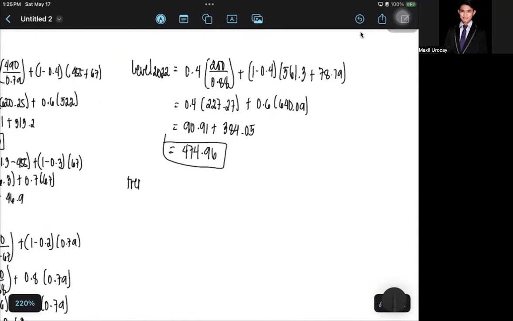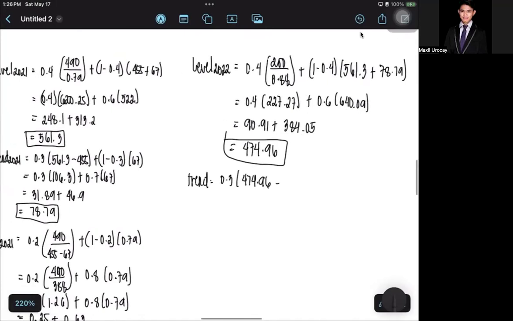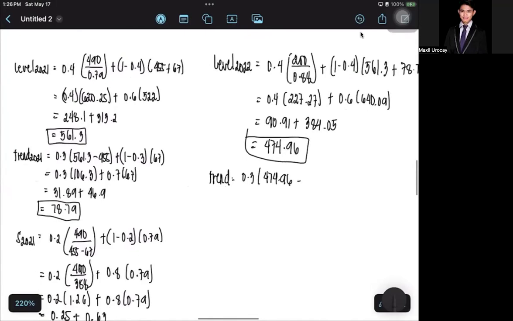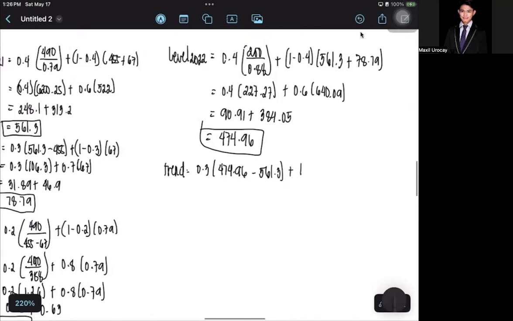And getting the trend, the same thing will happen. Your beta, that is 0.3 times the current level, which is 474.96, minus the previous level that you do have, 561.3, and then plus the parameter 1 minus 0.3, and then times the previous trend.